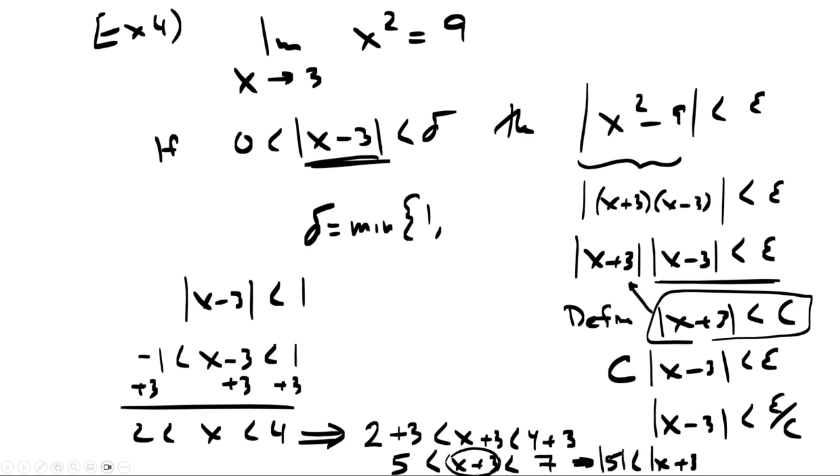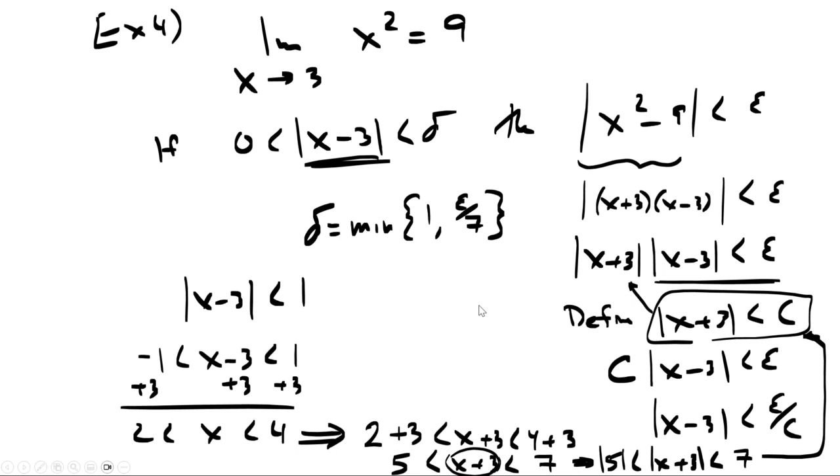Because if we put absolute values on it, there's my 7. So here's what I do. 5 is the lower end, 7 is the higher end. That 7 goes in for c. It goes in here to say that has to be true, and I have captured it.